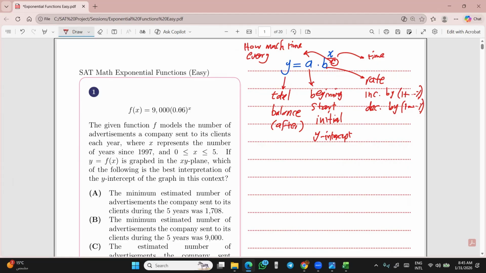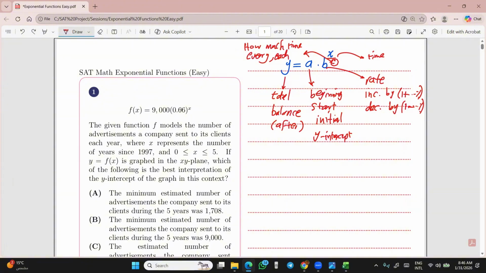When I say, for example, every 7 years, this should be 7. If you have a number like 10 here, I say every 10 years. So whatever number comes below the x, or in the denominator of x, is associated with the word every or each. So this overview can help you too much to answer the questions that are coming in the easy part. And then we go to the middle and the hard, which have some other ideas to explore.